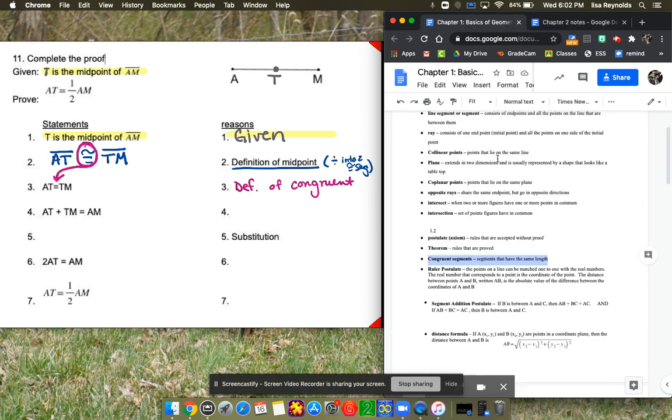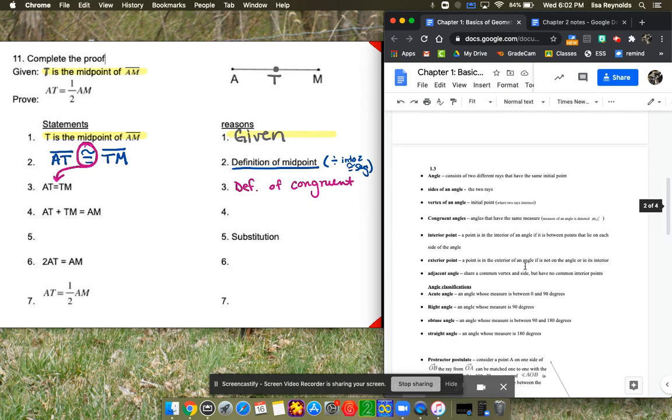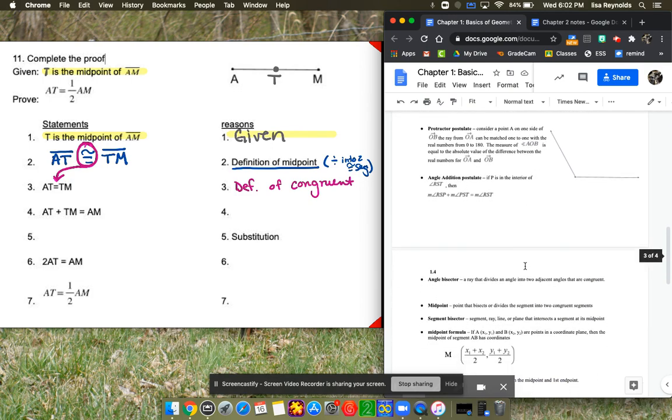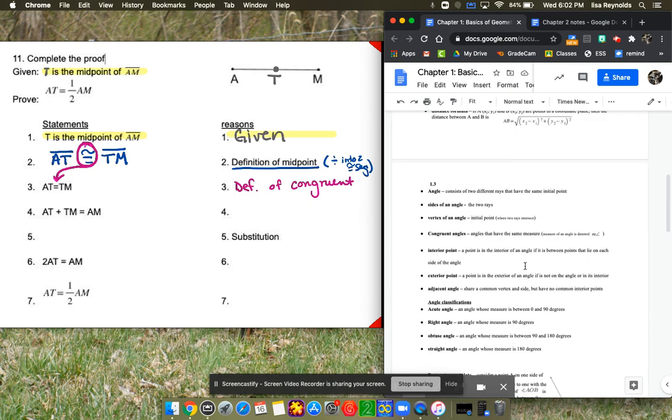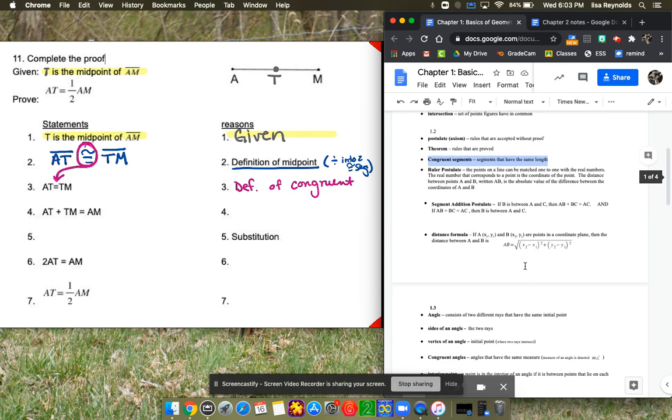and then the third place I look for an addition is in a postulate that actually has the word addition built right in. So if I have a segment between, or a point between two others, then I can suddenly create this addition problem of adding the parts to equal the whole.